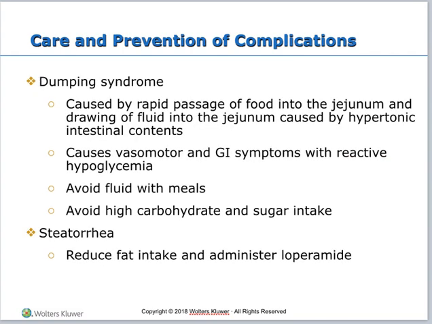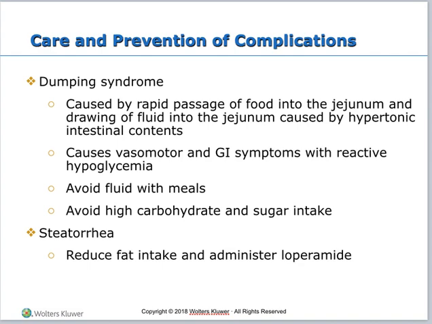Dumping syndrome, there are things that we can do to minimize dumping syndrome. Put them in the low Fowler's, small meals, lie down after eating. Basically, with dumping syndrome, what happens is the food passes into the small intestine and the large intestine very quickly, and that causes vasomotor and GI symptoms like diarrhea.